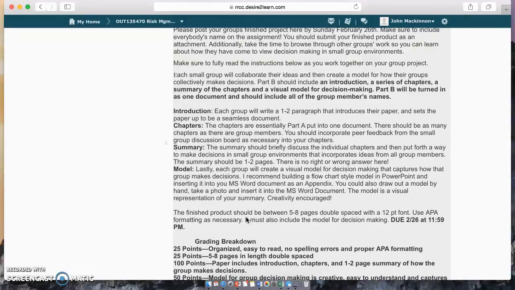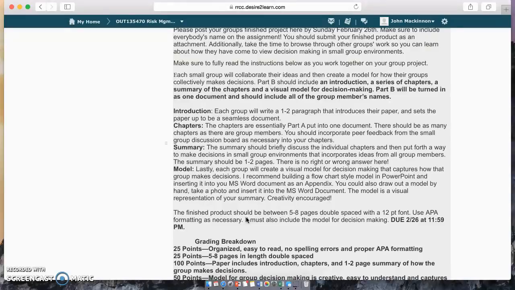So you can have an introduction that kind of sets the tone for the paper, include those chapters, a summary of the chapters, and then the visual model for decision making. So what that means is you're going to summarize the chapters and kind of come up with a way that your group as a whole makes those decisions. And then you'll make a model.